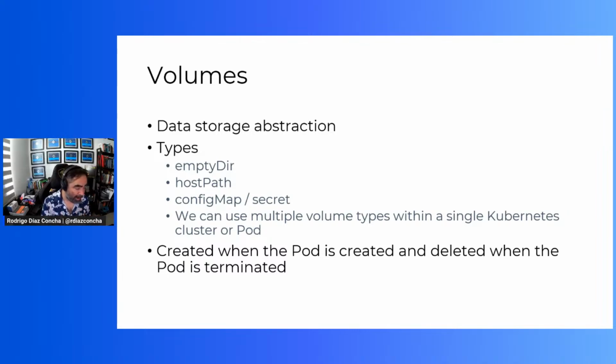Ephemeral volumes are a way of storing data, but as its name implies, it's ephemeral. So the state is going to be lost when the pod goes away, right? So those ephemeral volumes are created when the pod is created and deleted when the pod is terminated. So those are ephemeral volumes.